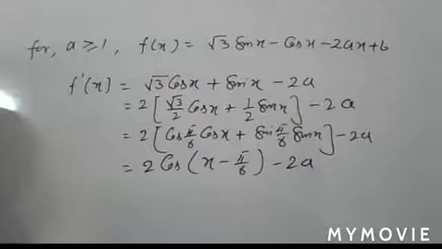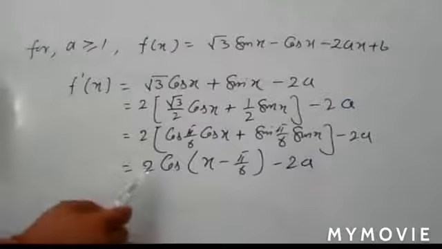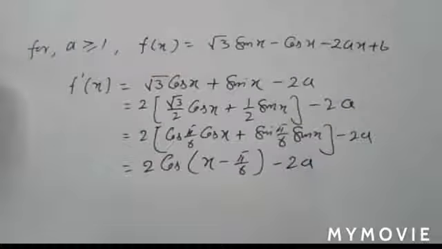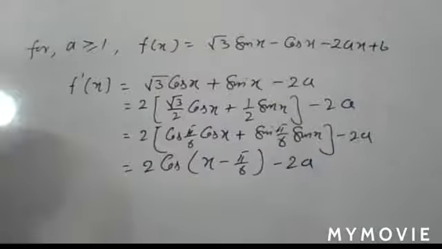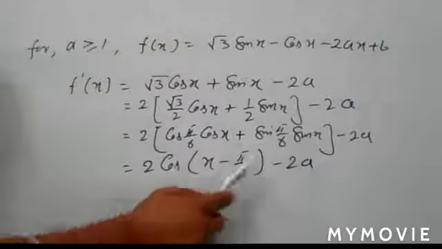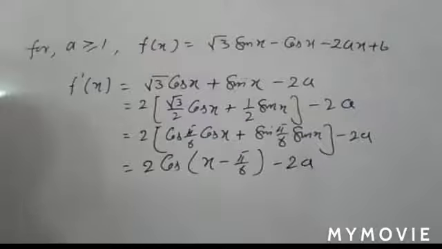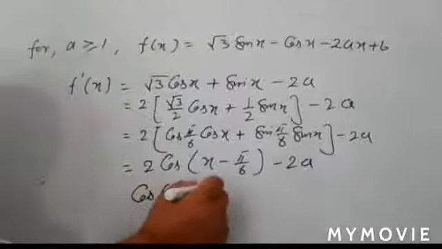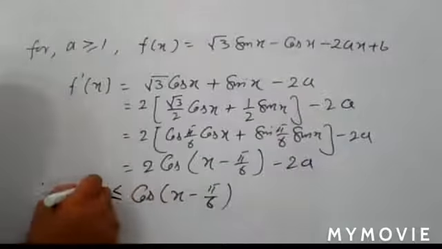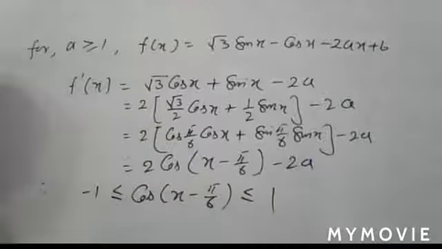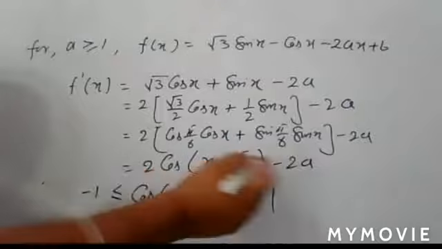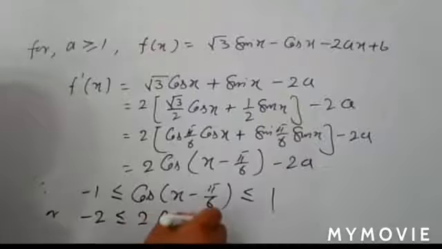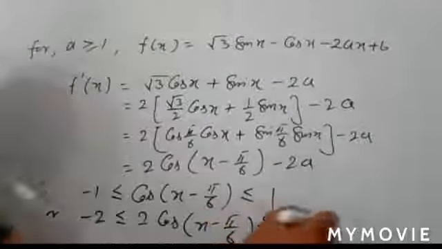Now what you do, here you try to check what is the value here. So your function is given as decreasing function, understand. But if you think about this cos of x minus pi by 6, you have to take the inequality from that. So the value of cos of x minus pi by 6 is greater or equal to minus 1 and less or equal to 1, you know it. Okay, now you multiply by 2 to both sides. So here you have minus 2 less than or equal to 2 times cos of x minus pi by 6, less than or equal to 2.